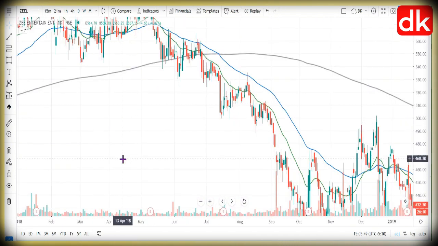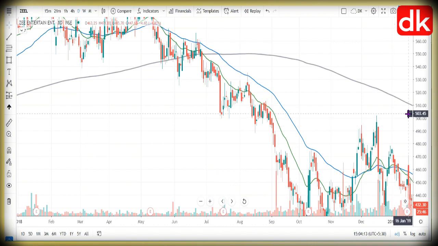This is the price chart of Zee Entertainment in daily time frame. In this, we have selected daily time frame, and in the previous example for the uptrending market, we selected a weekly time frame. We can visually see it's a downtrending stock, and the price is making lower highs and lower lows kind of formation.